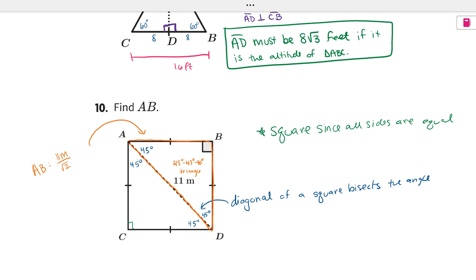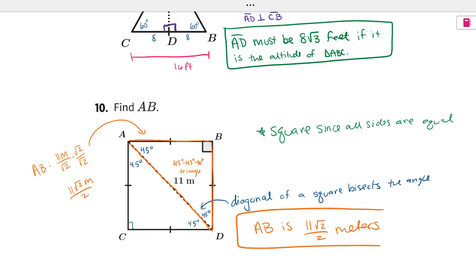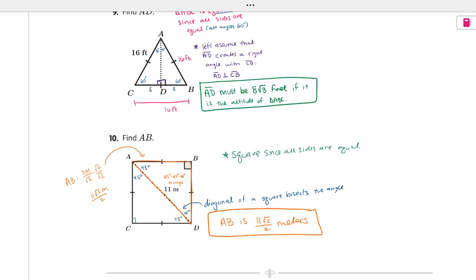Or remember, you can cut it in half and multiply by square root 2. But I'm going to multiply by square root 2 over 2 since I don't want to use 5.5. So we get 11 square root 2 meters over 2. So AB is 11 square root 2 over 2 meters. And you can say 5.5 square root 2 meters if you prefer.